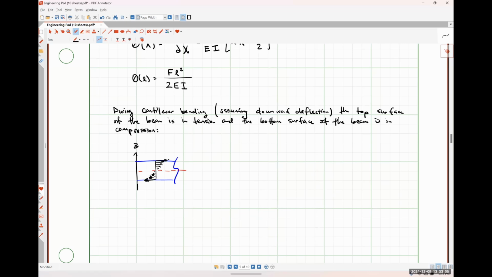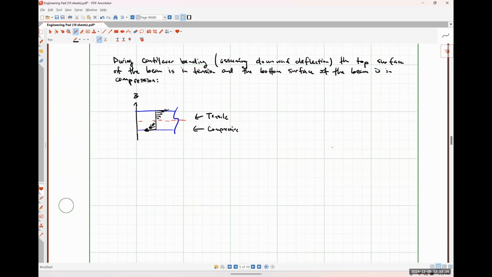Something like that. So that's our stress profile, where up here we have tensile stress, and down here we have compressive stress.